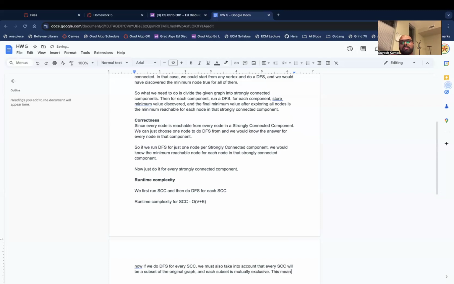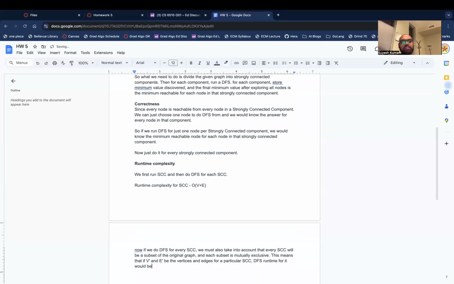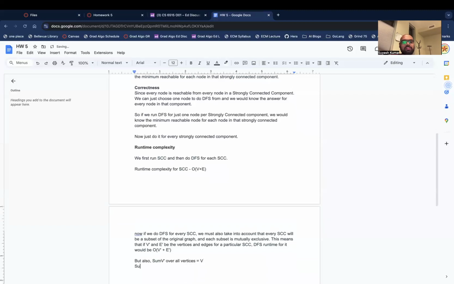This means that if V dash and E dash are the vertices and edges for a particular SCC, DFS runtime for it would be O of V dash plus E dash, but also the sum of V dash over all components equals V, and the sum of E dash over all components equals E.